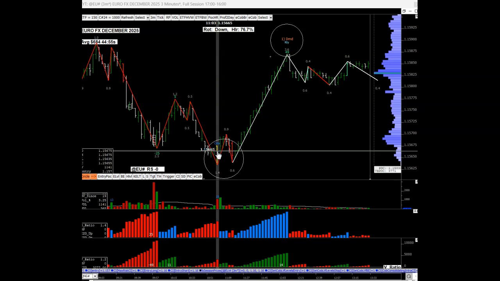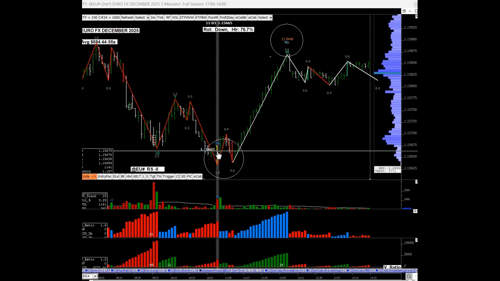This is 3.25 times average volume, triple the average volume, and the biggest volume in 19 bars.